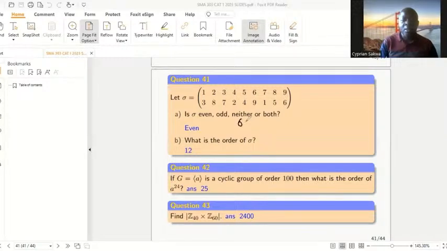Sigma in cycle form would be: 1 goes to 3, and 3 goes to 7, and 7 goes to 1. Because 7 goes to 1, we now write what is not here. The next number that is not here is 2. 2 goes to 8, 8 goes to 5, 5 goes to 4, 4 goes to 2.